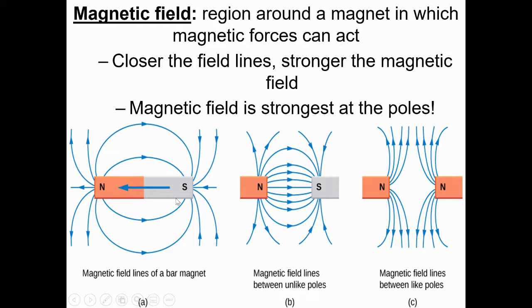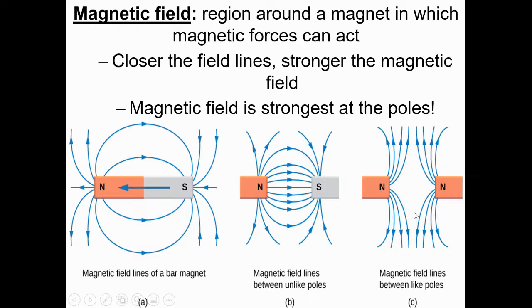They have this loop on the side where the north is trying to attract to the south. If you put a north and a south magnet together with about an inch in between, which is what you're doing in one of the labs, you'll see that the poles are trying to connect with each other. That's because opposites attract. If you put two like poles next to each other, like these two north magnets, you'll see these lines are trying to push away.